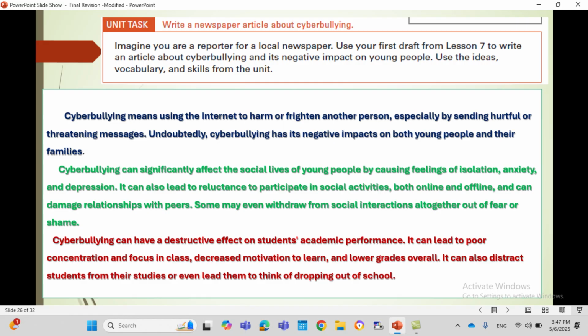Your grades or your score is always down. It can also distract the students from their studies, or even lead them, and this is the worst thing to happen to a student, to think of dropping out of school. A victim of cyberbullying might think of leaving school altogether.